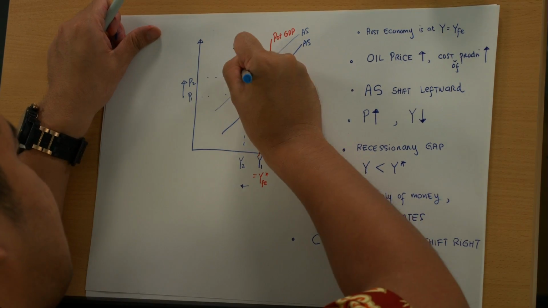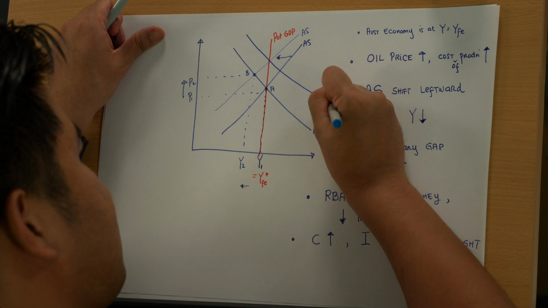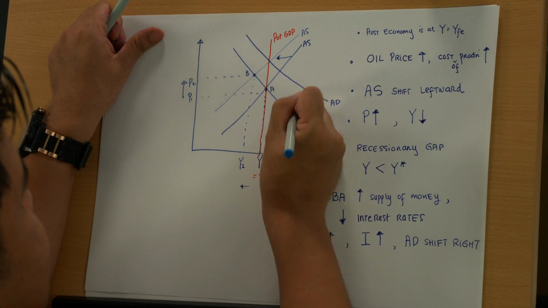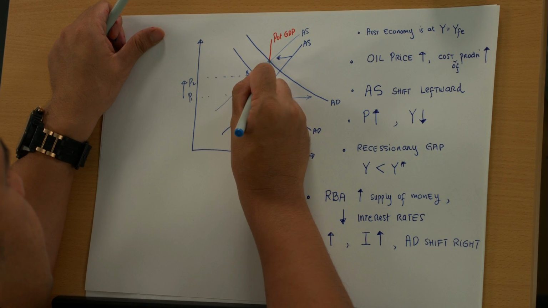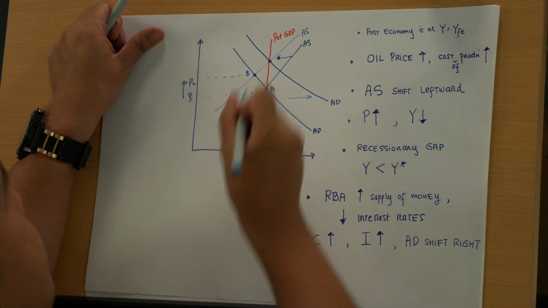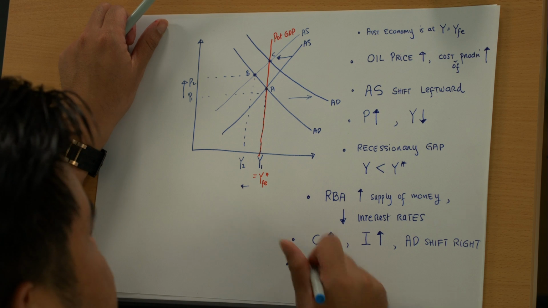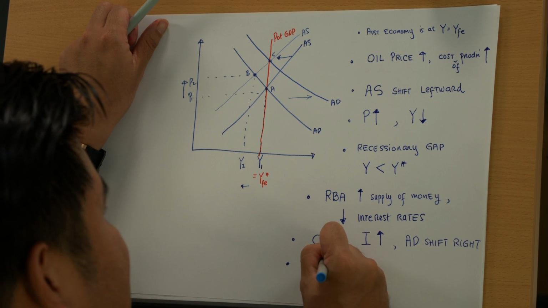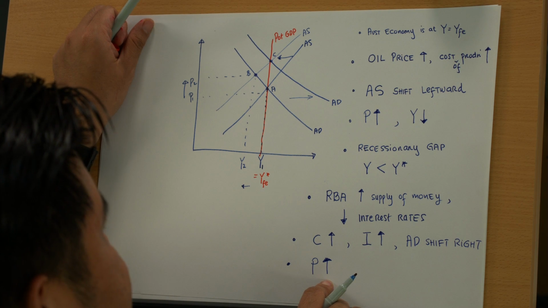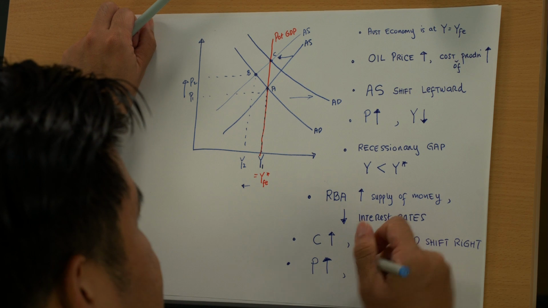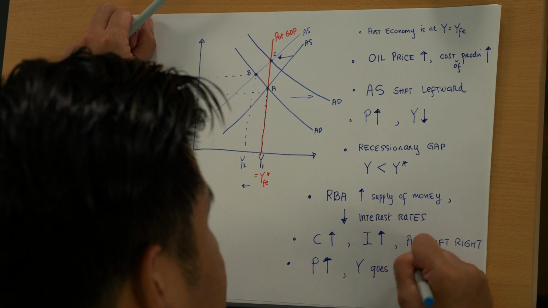So starting from point A to point B. Now we also have AD shifting to the right, A to B, B to C. So what is happening? Price increases even further. GDP goes back to the Y star.